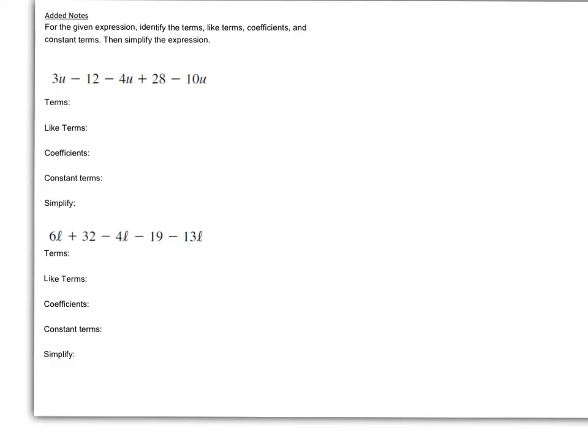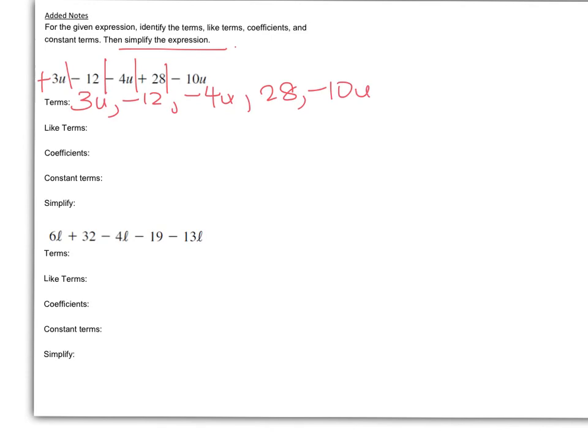Okay, here are some added notes, and let's try some of these. For the given expression, identify the terms, like terms, coefficients, and constant terms, and then simplify the expression. So here, you can count all of these terms. So here, it's positive 3u, negative 12, negative 4u, positive 28, negative 10u.